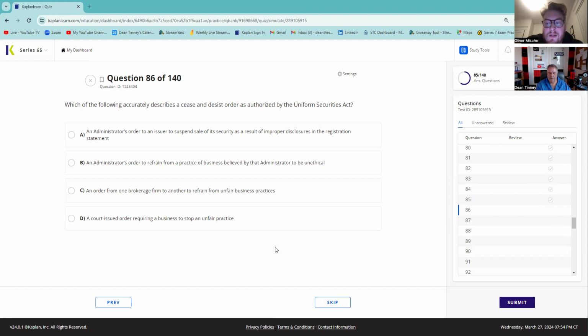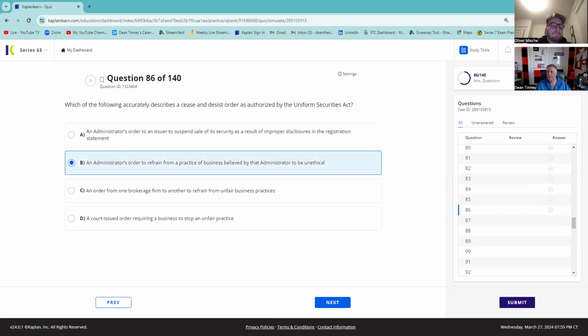You're incorrect. It's incorrect because it's coming from the state administrator, not a judge. Got it. So it would be B. It's actually B as in boy. Right. And then if you don't comply, then the administrator will go to a court, and that wouldn't be called an injunction. So again, part of the test is legalese. Needless to say, not bueno if somebody gives you a cease and desist order, right?